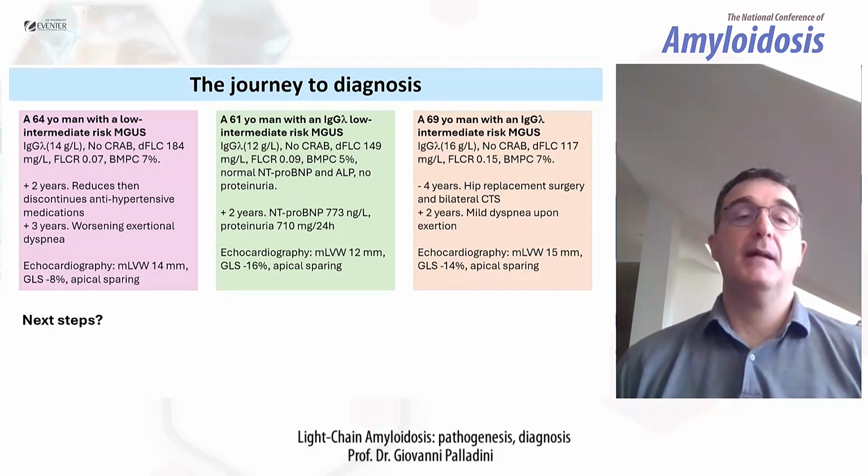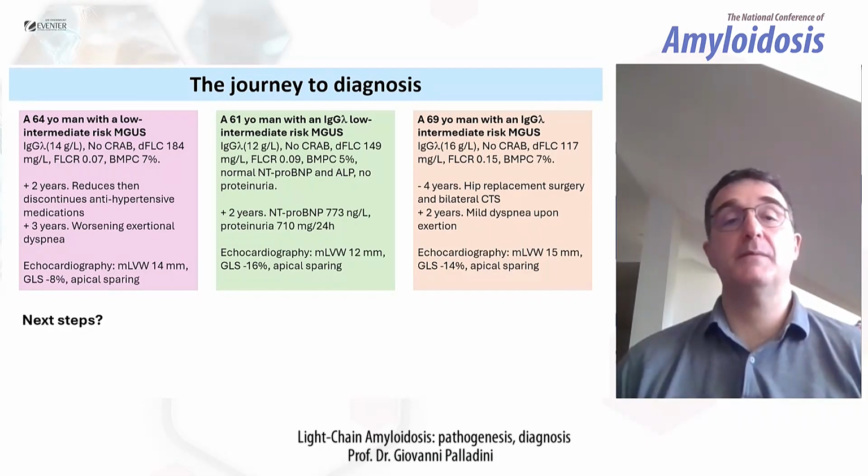This patient autonomously was seeking a cardiological advice, and according to the echo, as you can see there in the slide, amyloidosis with heart involvement was suspected. The second patient is very similar.